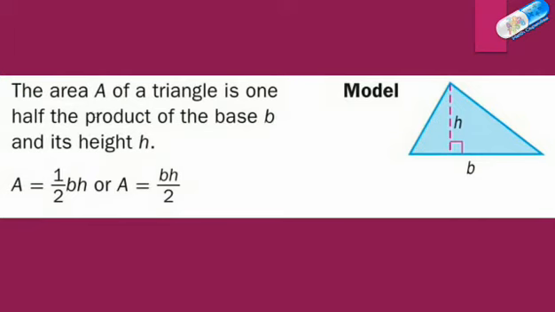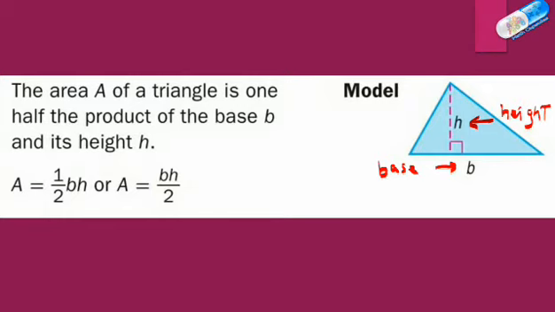So here the area A of a triangle is 1/2 the product of the base B and its height H. Or we can write it in symbols as A equals half BH, or A equals BH over 2, where B is the base, so this is the base B, and H is the height of the triangle.